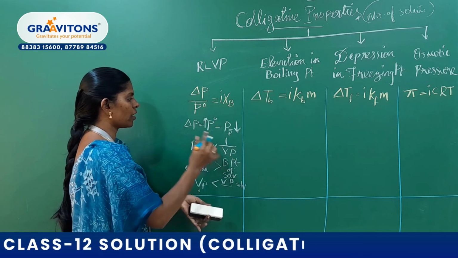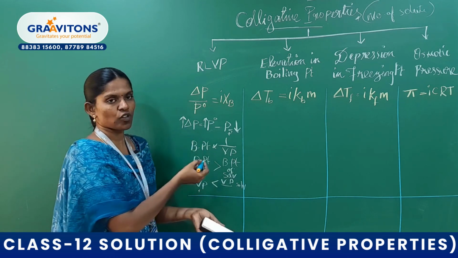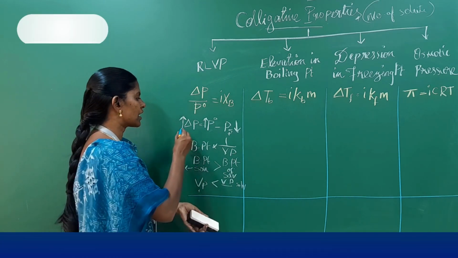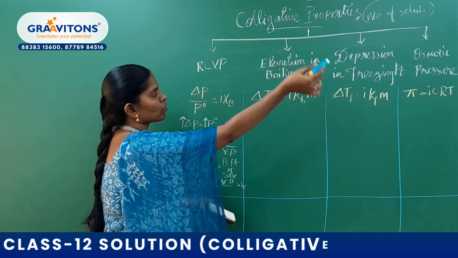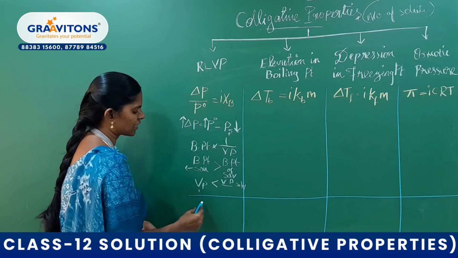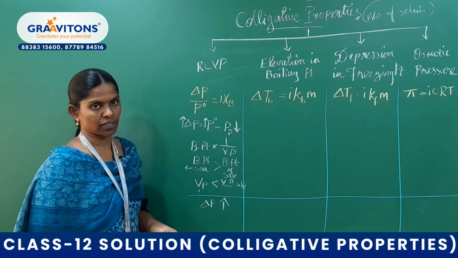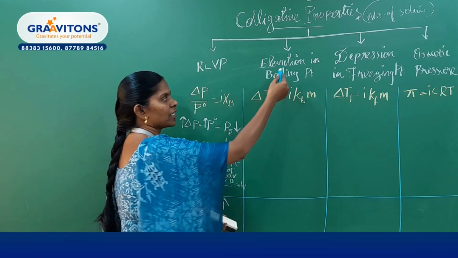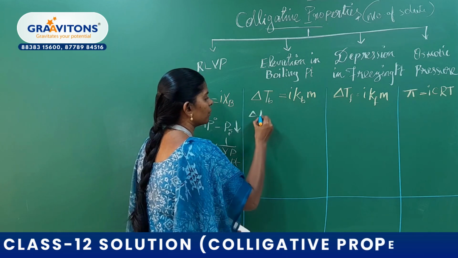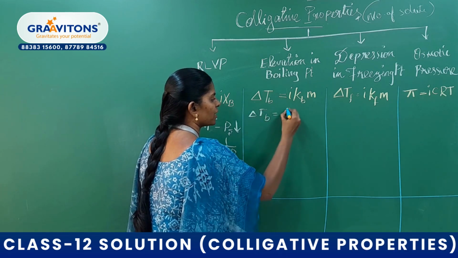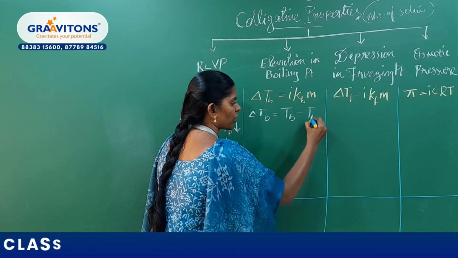So the change in vapor pressure between pure solvent and solution increases. When you increase the number of solute particles, delta P increases. Similarly, for elevation in boiling point, delta TB is the boiling point of solution minus the boiling point of pure solvent.